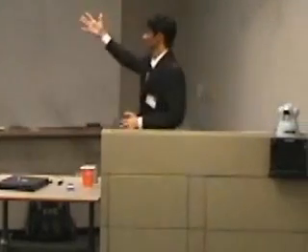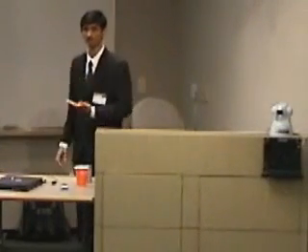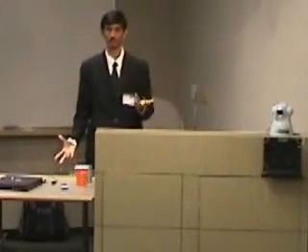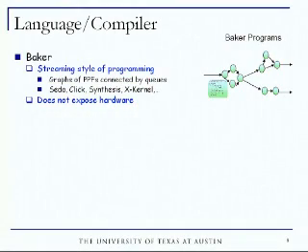Now, what I want you to appreciate here is that the syntax is simple to understand and write. It just looks like C or C++, and it does not expose any hardware details to the programmer. It does not contain anything related to what hardware we are going to program on.